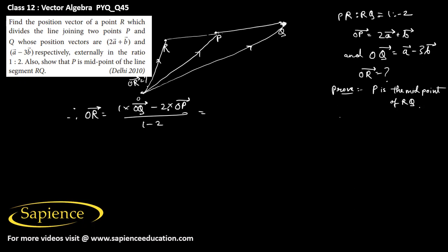So this will be equal to OQ vector, which is A vector minus 3B vector, minus 2 into OP vector, which is 2A vector plus B vector, divided by minus 1.